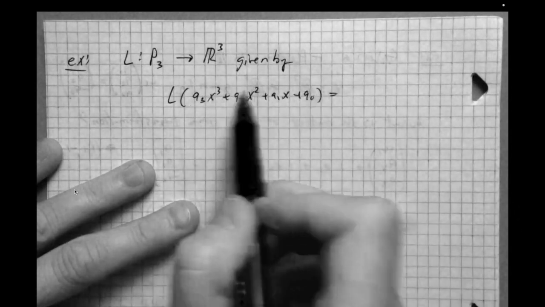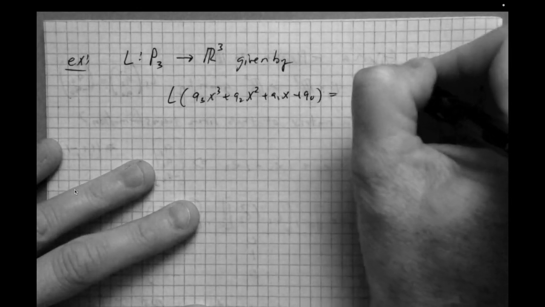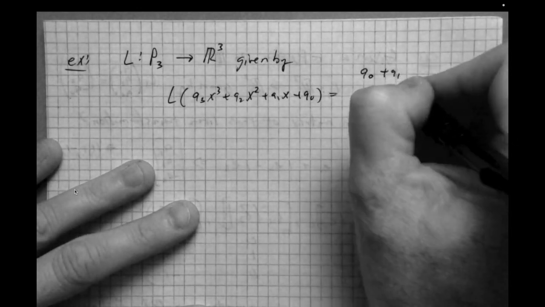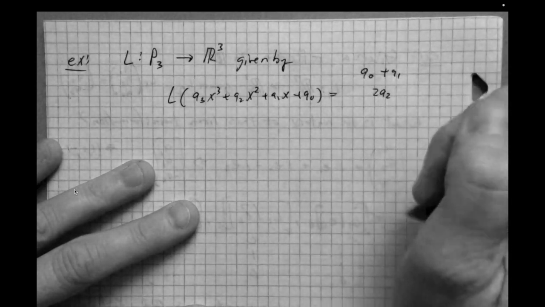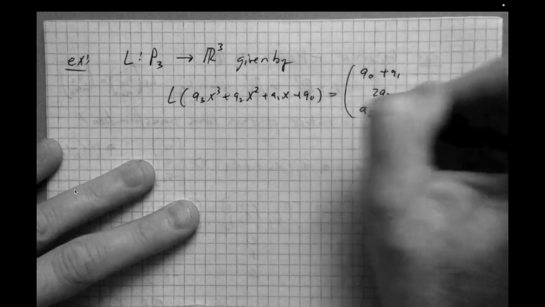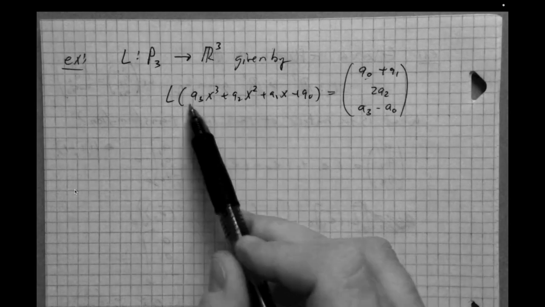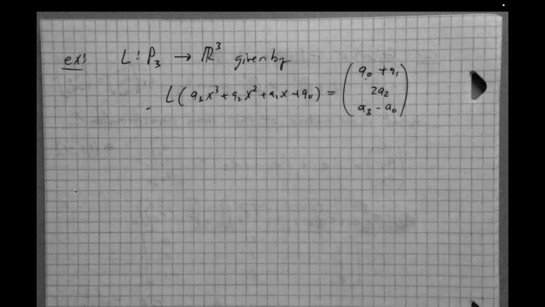This is the form of any polynomial in P3, and it's going to be equal to (a0 plus a1, 2 times a2, a3 minus a0). So you get a vector in R3 that is determined by the coefficients of the polynomials here.